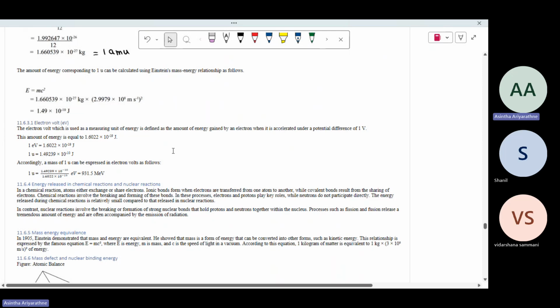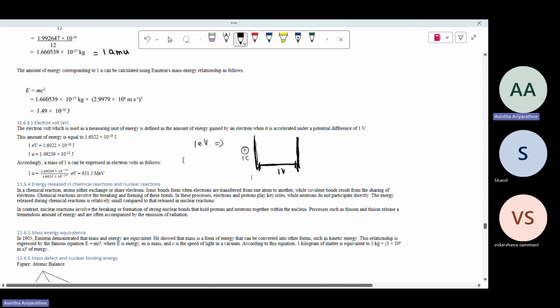An electron volt is the energy required to move a positive charge of 1 coulomb across 1 volt, and that is called an electron volt.